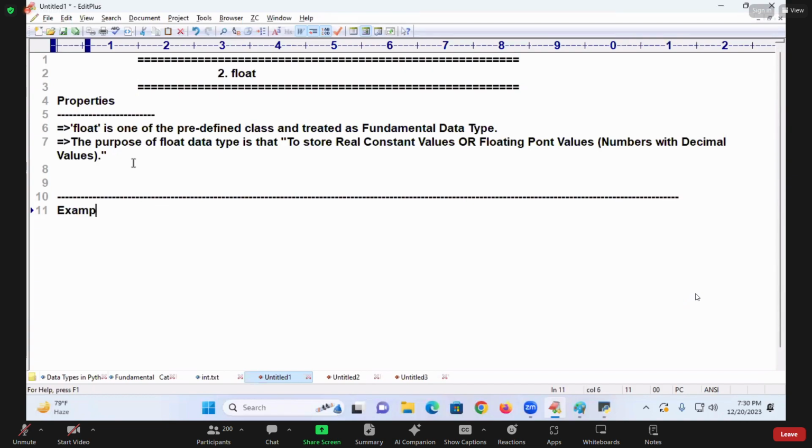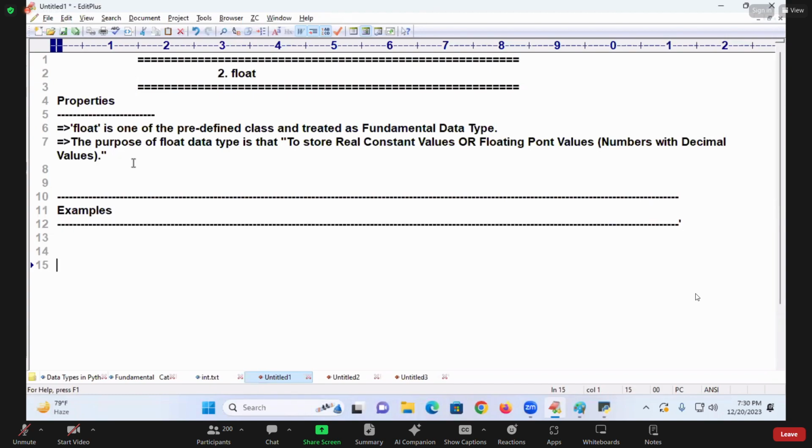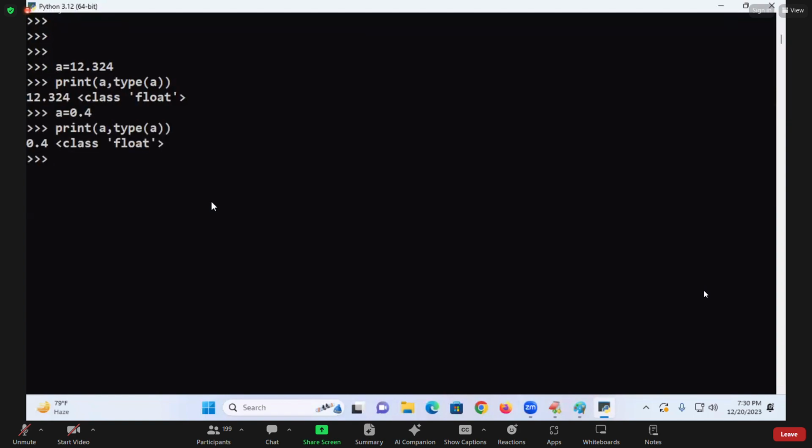So the example, I will still write some more points, for which I am going to concentrate. Now I am going to write it. A is equal to 12.34, 2324. Print of A comma type of A, which is float. A is equal to 0.4. Print of A is 0.4, float.